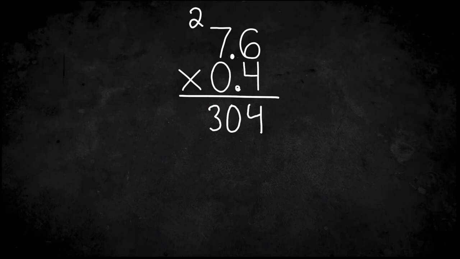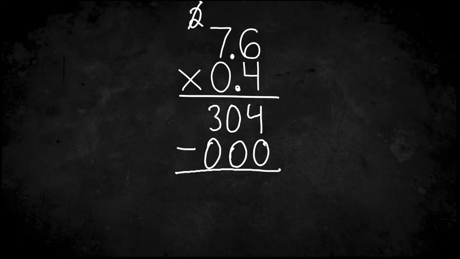Now we put the 0 here. 0 times 6 is 0. 0 times 7 is also 0. So then we add. 4 plus 0 is 4. 0 plus 0 is 0, and 3 plus 0 is 3, right?